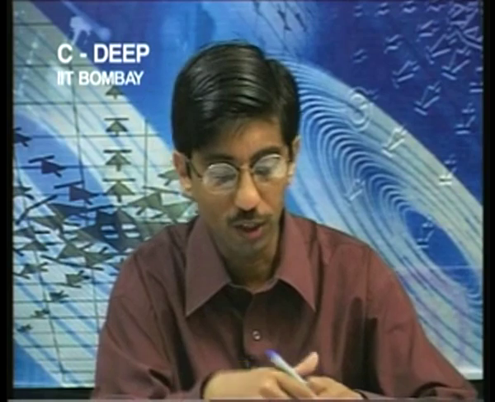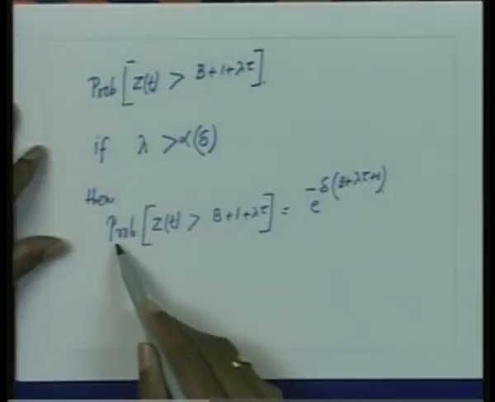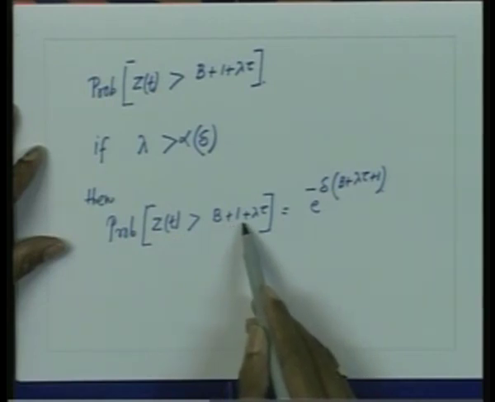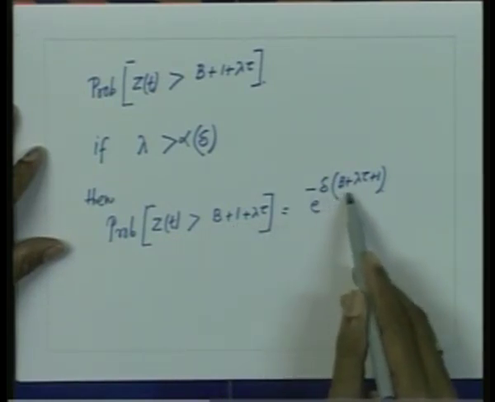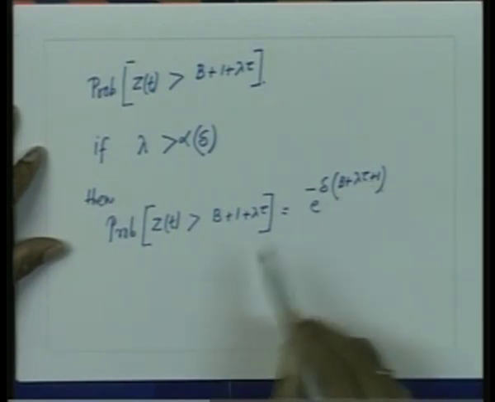That was equivalent to asking how the buffer occupancy distribution behaves for a large value of the transmitter rate and for a large value of the buffer B. We found that the buffer occupancy distribution, or essentially the loss rate, behaves exponentially, and that gives us the way to calculate the effective bandwidth of the traffic source. So that is what we have written here: the probability that ZT is greater than B plus 1 plus lambda tau is given by e raised to power minus delta times B plus lambda tau plus 1.